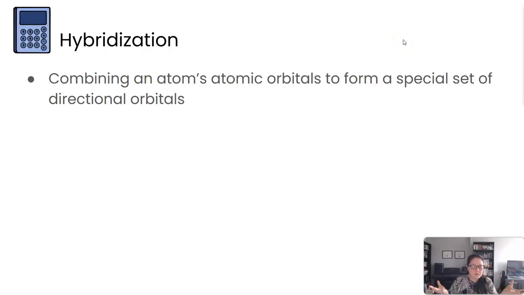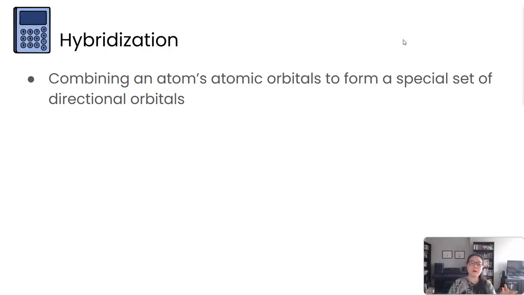It's basically as if you take all of the different shapes that you need to form the bond, pretend it's Play-Doh, clump it into one big ball of Play-Doh, and then separate it into different shapes that are equal to each other. And then you use those special shapes to make the different bonds that you have.